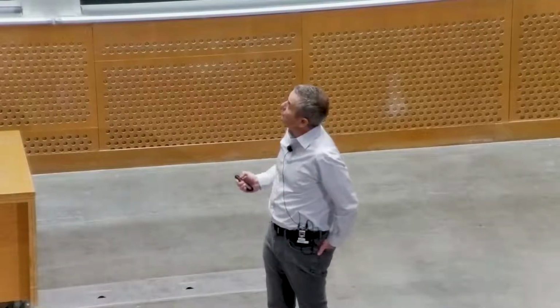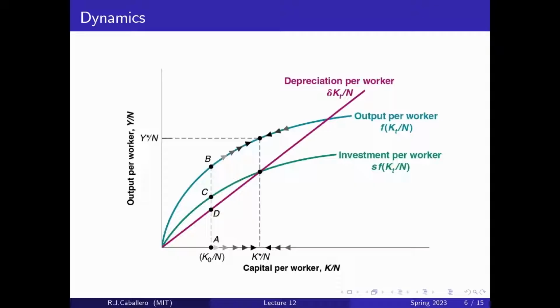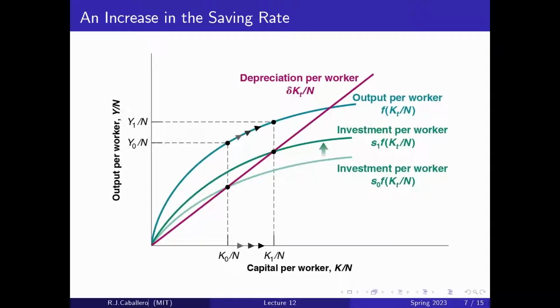No, it has nothing to do with savings. It has to do with depreciation. If I move the depreciation rate, that curve will move, but not now. Will the production function move? No. So the blue line cannot move. All that will move is the green line, because the green line is the saving rate times the blue line. So if I increase the saving rate, I'm going to move the green line up. Okay, and that's what we have here.